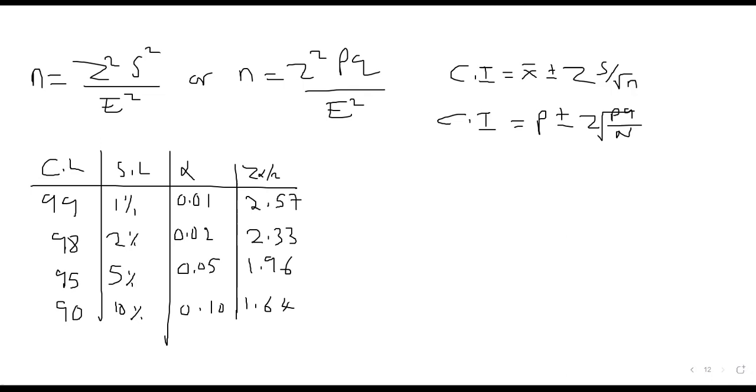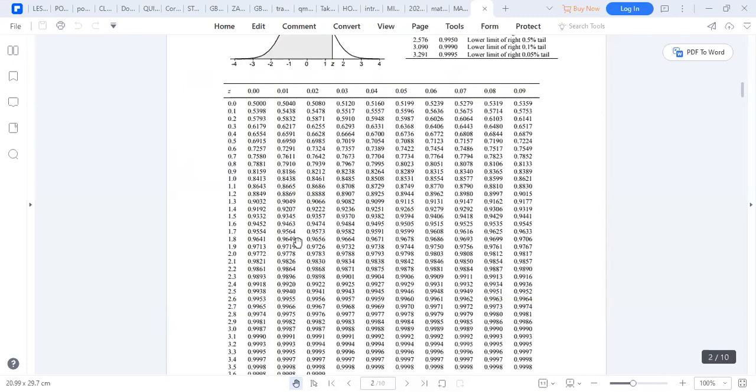And how do we read these statistical tables? The statistical tables look something like this. So there's a Z table that you'll be given at the end of the exam that will look like this. Now you need to understand how to read this table. I'll share it with you.